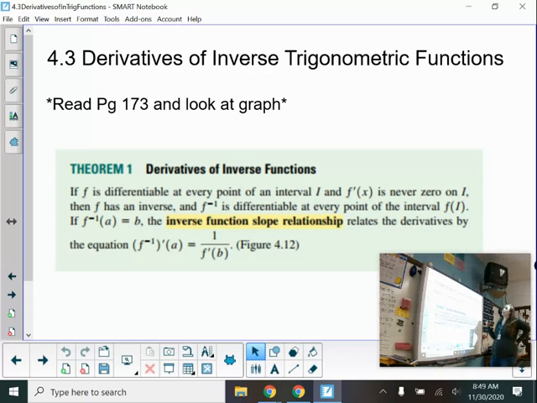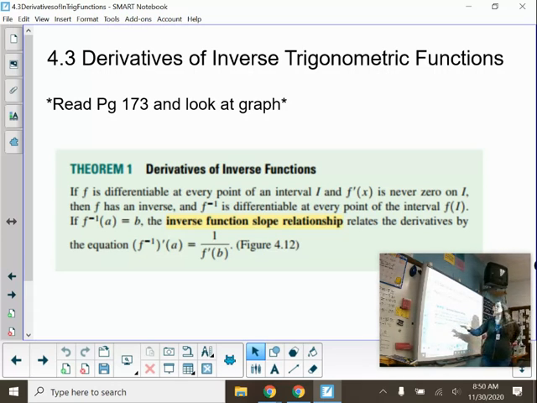If you have a point (A, B) on your graph, and you look at the slope of the original function at A, and the slope of the inverse function at B, because the inverse function would be the point (B, A) instead of (A, B), they have this type of relationship. They're reciprocals. That's where this formula comes from. So this is the inverse function slope relationship.